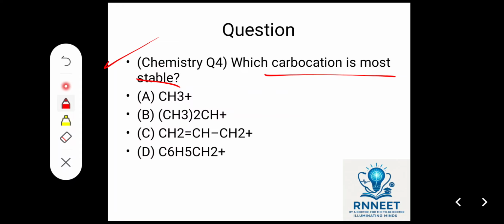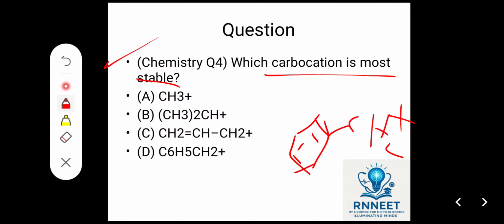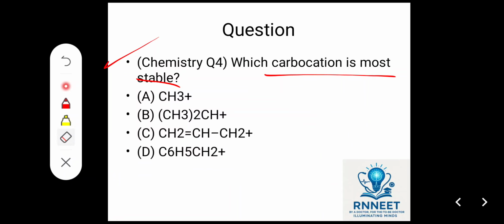Actually, if you look at this question, this is a simple question. You know that the benzyl species is extremely stable because it brings in resonance. The benzyl group always undergoes resonance, and so the benzyl carbocation here is going to be the most stable. Another simple way of remembering is to look step by step at what is happening.